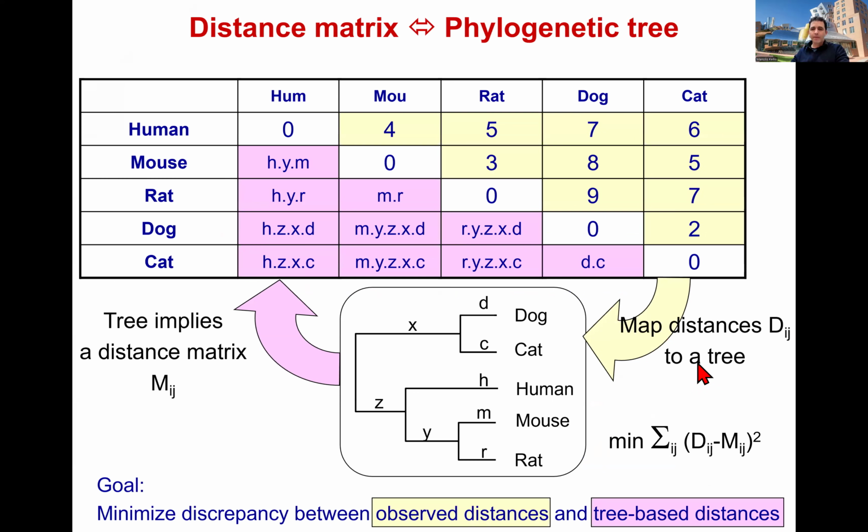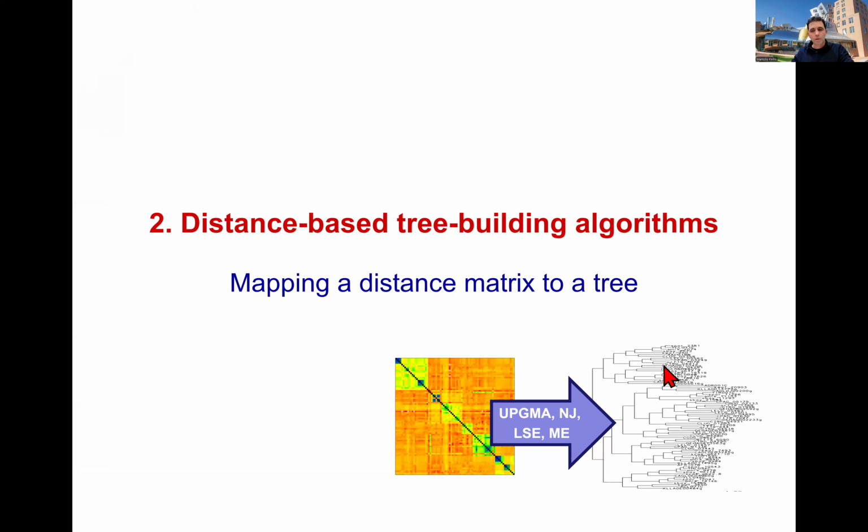That means that I want to figure out a tree such that moving from species A to species, I don't know, M over here, or species P over there, along the tree is recapitulating the distance that I have between species A and species M, or species P. Is everybody with me here?